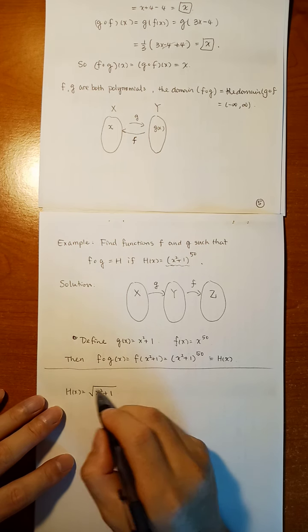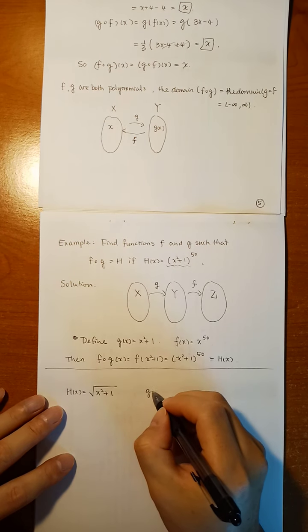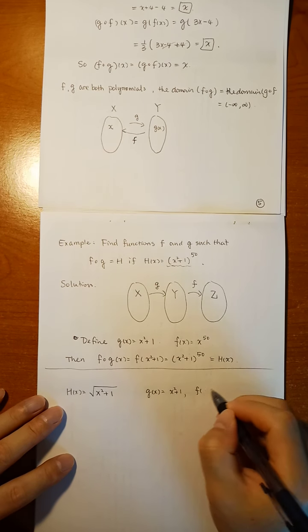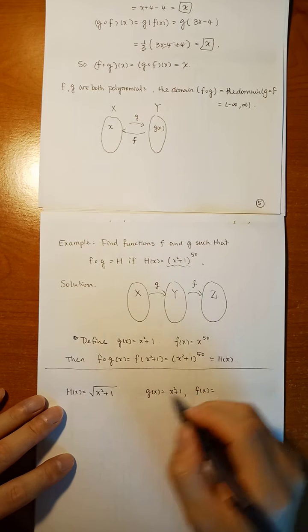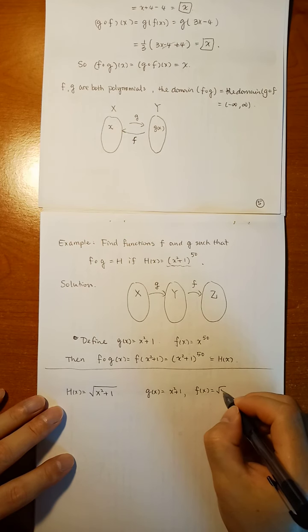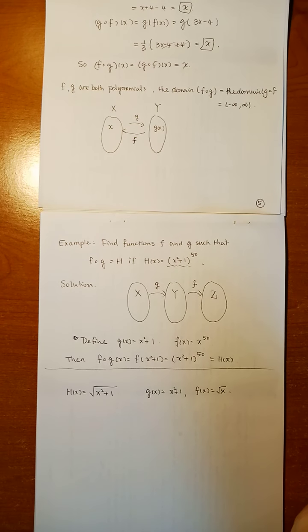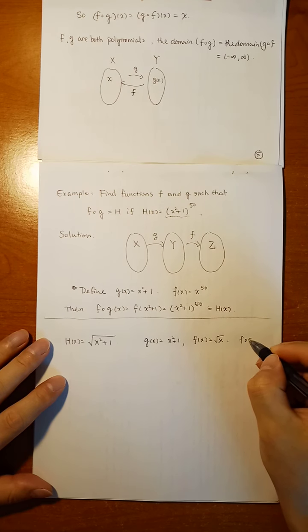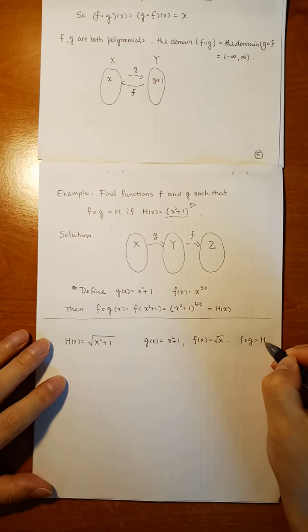Once you get the value, you take the square root. So your g of x is going to be x squared plus 1, and your f of x is going to be the square root of x. And f composed with g is equal to h.